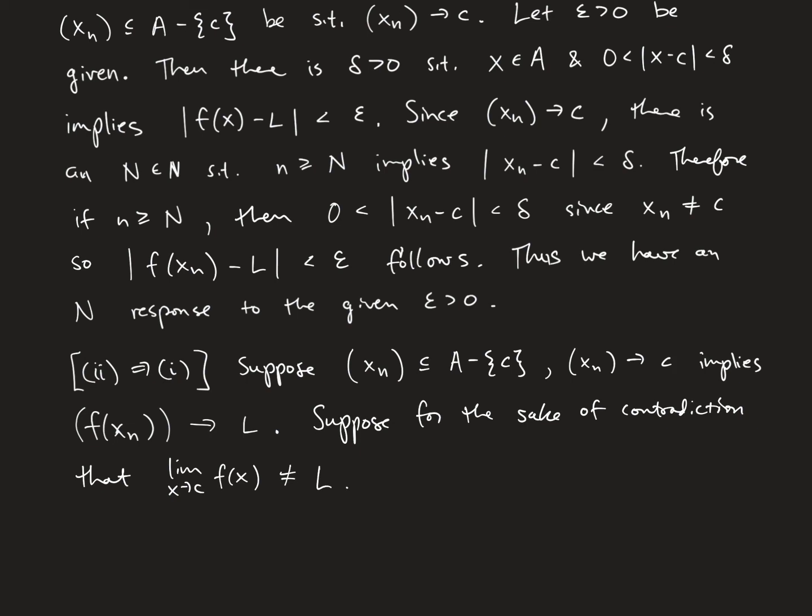Okay, so what does this mean? This means that the skeptic can win, right? So this means the skeptic can produce an epsilon that can't be beaten.